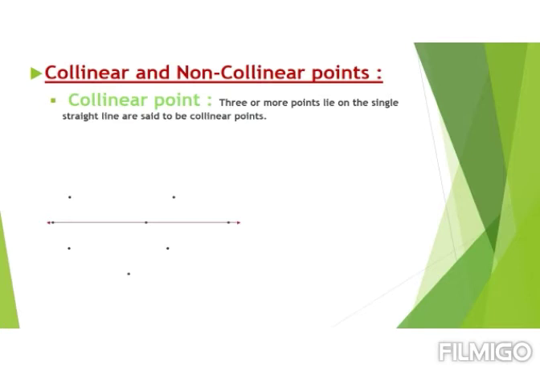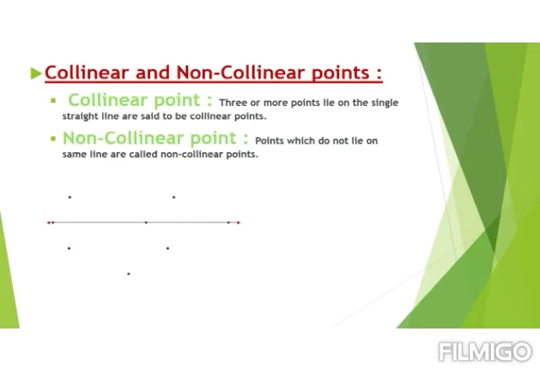And the points which do not lie on a single straight line are said to be non-collinear points. So, what is the difference between collinear points and non-collinear points? When three or more points lie on a single straight line, these points are known as collinear points. And points which do not lie on the same line are called non-collinear points.